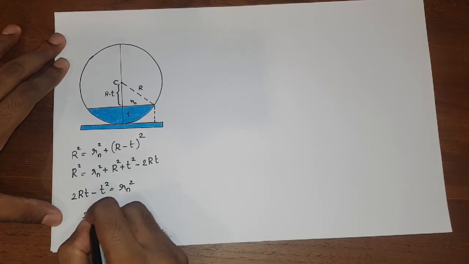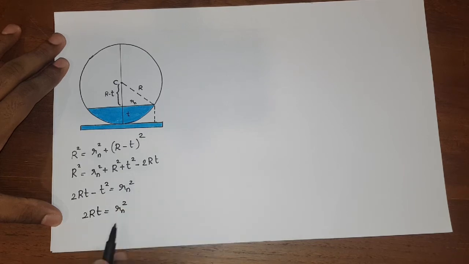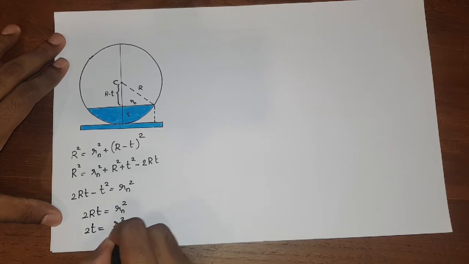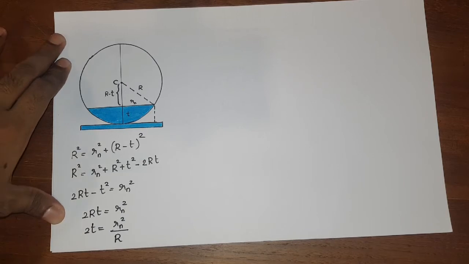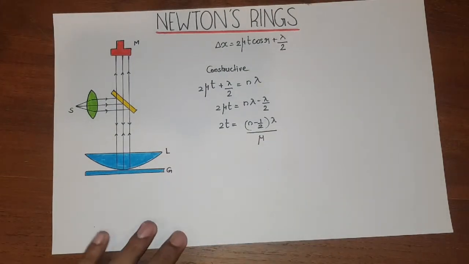So you can write it as 2RT equal to Rn square. That is the radius of the nth ring. You have to square that term. You will get the term 2RT. So you can retain the 2T, that is Rn square divided by the radius of curvature of the lens. So 2T is Rn square by R, and that is why I retain this 2T over here.